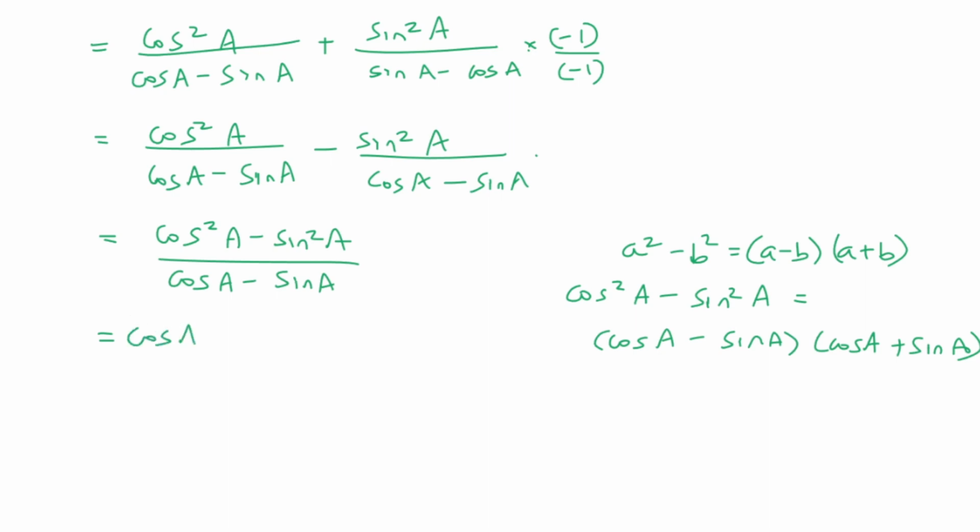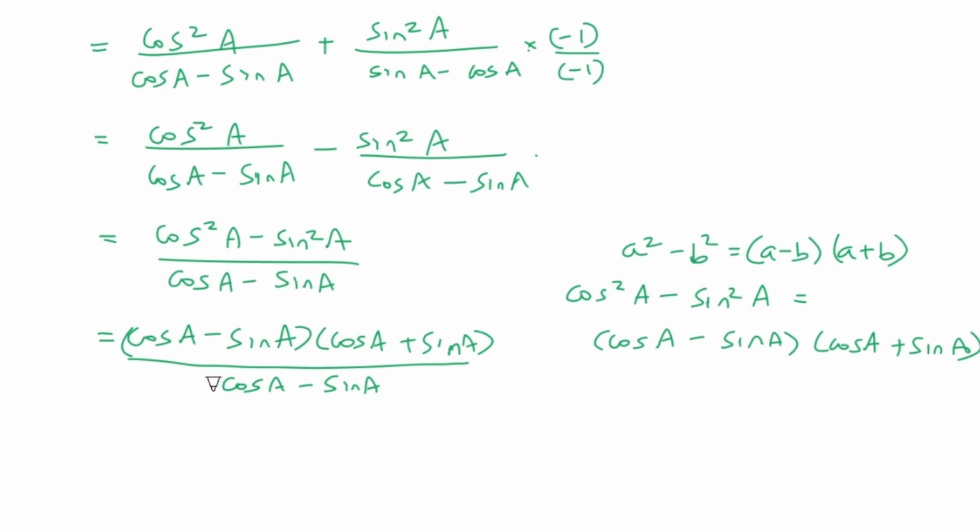Cos A minus sin A times cos A plus sin A, and the denominator is cos A minus sin A. So we have cos A minus sin A in the numerator as well as in the denominator, and we just cancel both the terms.